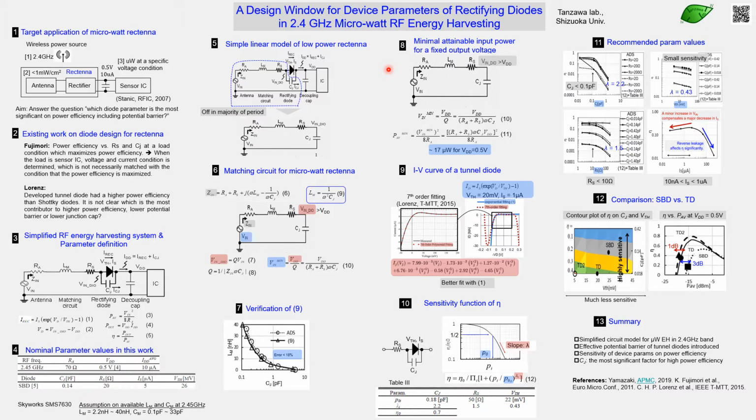And we wanted to identify which parameter is dominant for low input power, I mean higher power efficiency at microwatt level.